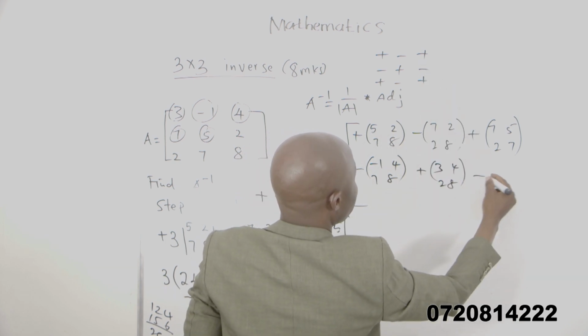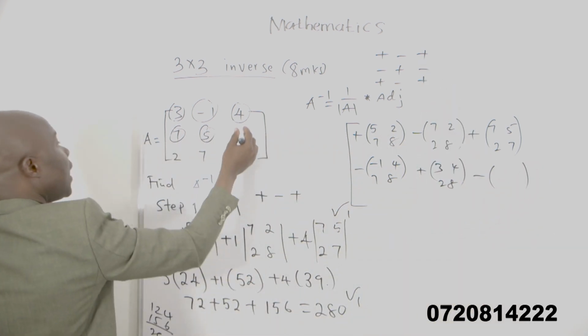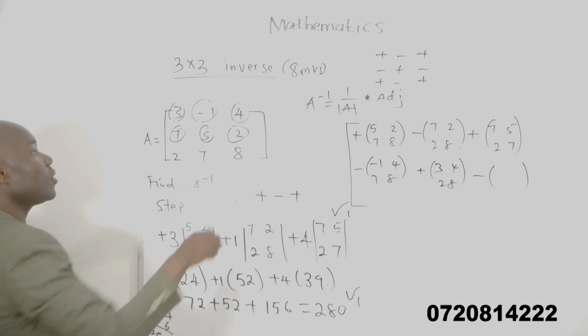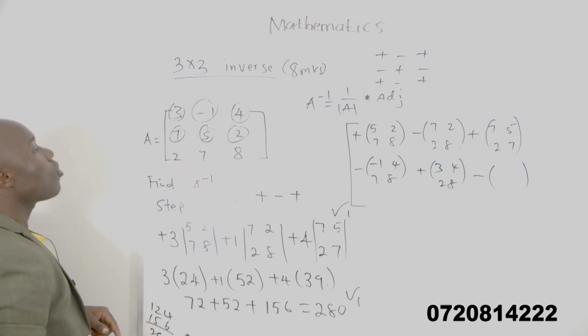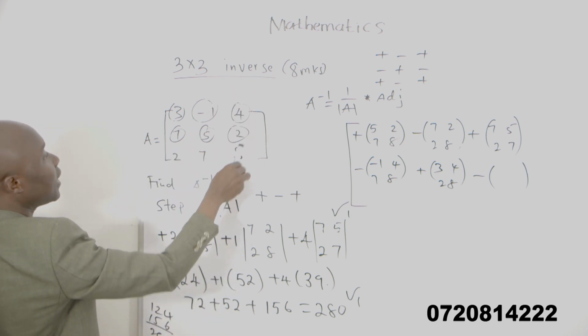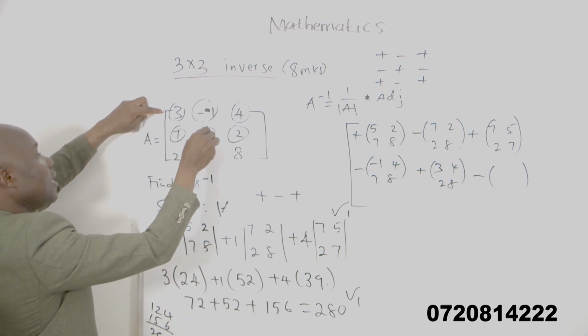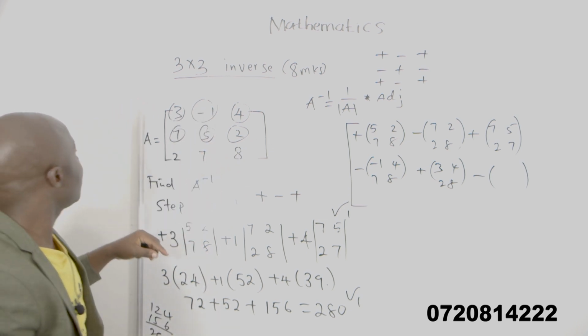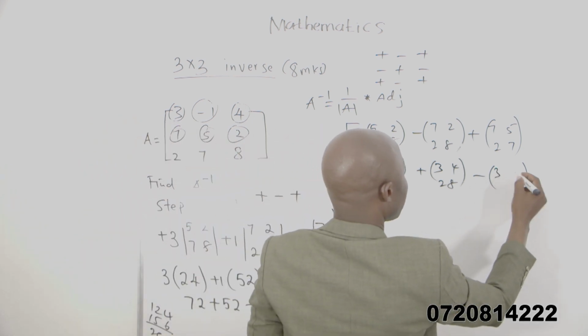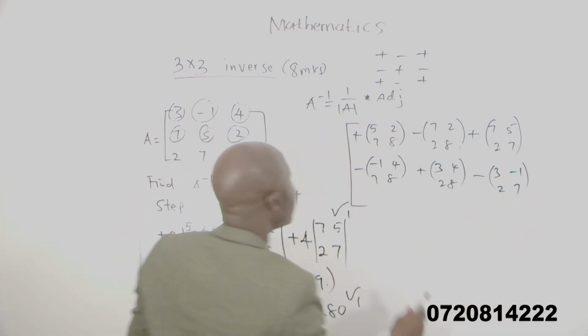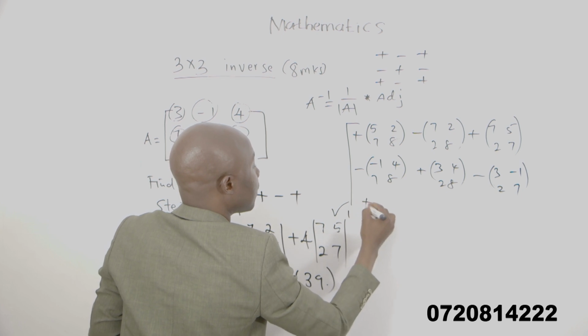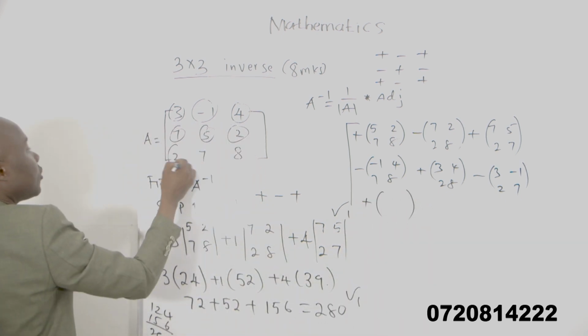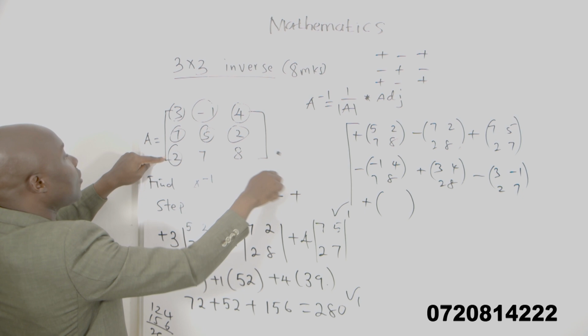Then the last part is a minus here. After identifying 2, you delete the entire column, delete this and delete that. So we'll remain with 3, negative 1, 2, 7. Then I come down here, which is a plus. At 2, I will also delete that row and that column.